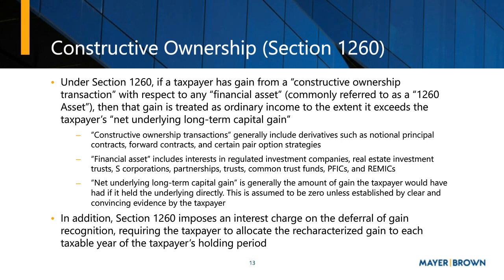And so what is needed under Section 1260 is a taxpayer needs to have gain from a constructive ownership transaction. That's one. It has to be with respect to a financial asset. And if that's the case, then the gain is treated as ordinary income to the extent it exceeds the net underlying long-term capital gain.